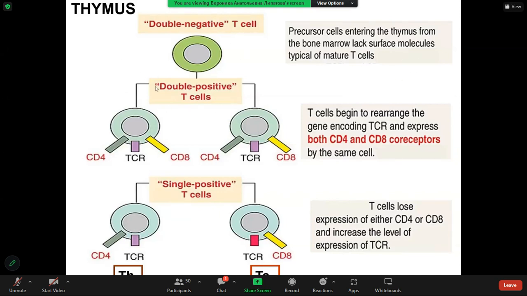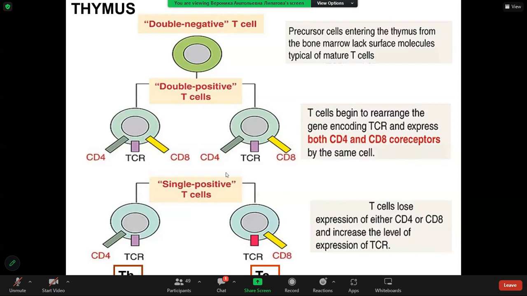After this, the next stage is the so-called double positive T cell. On the cell, T cell receptor appears here, but as well on the precursor cell, we can see both receptors of cluster differentiation, not cell, but cluster differentiation.